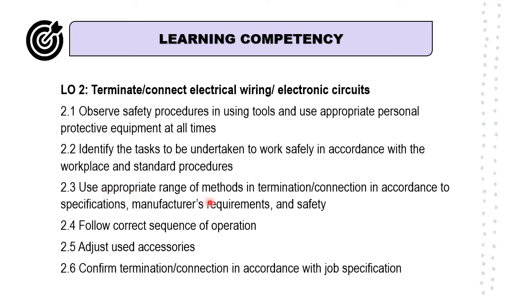Use an appropriate range of methods in termination or connection in accordance with specifications, manufacturer's requirements, and safety. Follow correct sequence of operation. Adjust used accessories and confirm termination or connection in accordance with job specification.